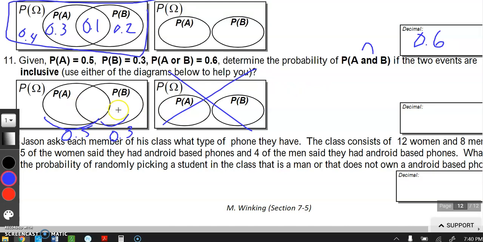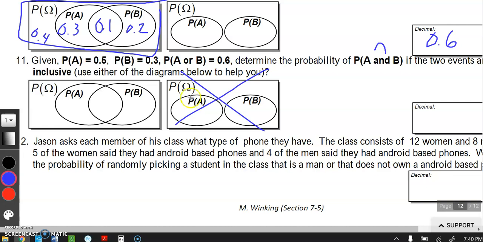We know that these two parts added up together are going to be 0.5. We know that these two parts added up together are going to be 0.3. So we need a system of equations. So in the next video, I'm going to show how to set up the system of equations for this problem.